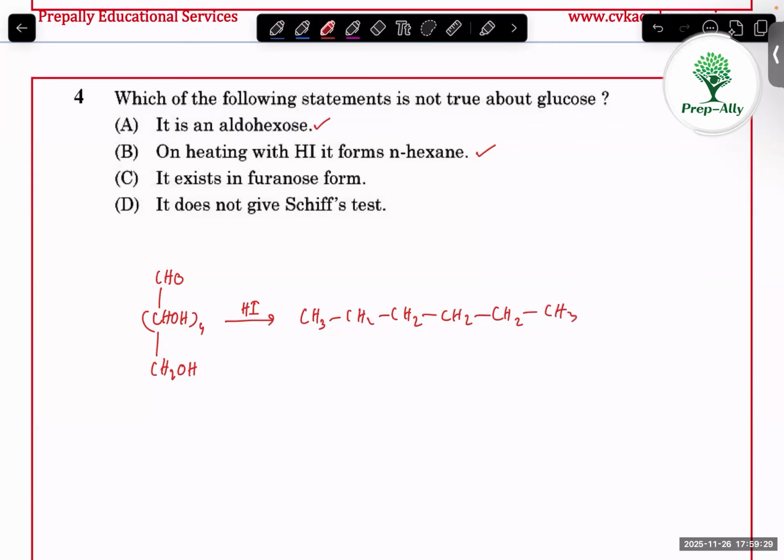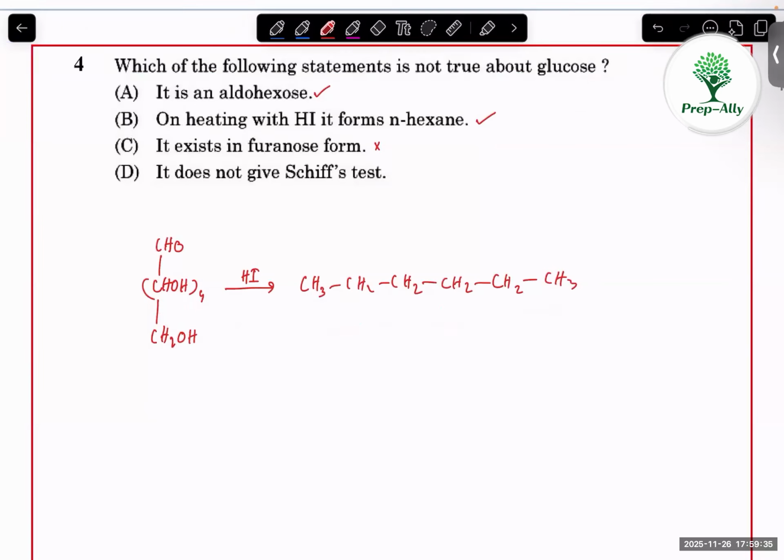So that is also correct only. It exists in furanose form. That is actually incorrect. Glucose actually exists in some form of pyranose because, see, this 5-membered thing is called the furanose form. This is called furan. So furanose form is only for fructose.